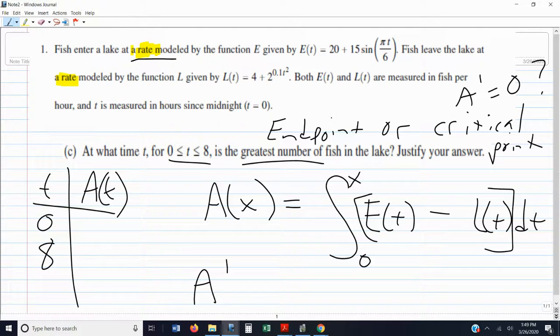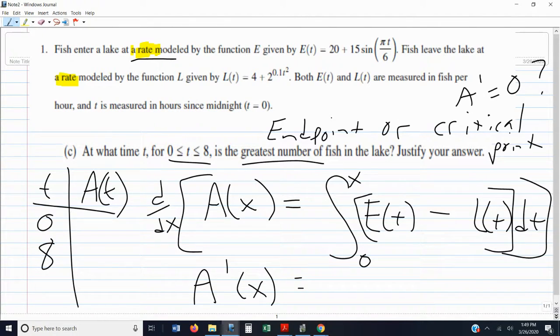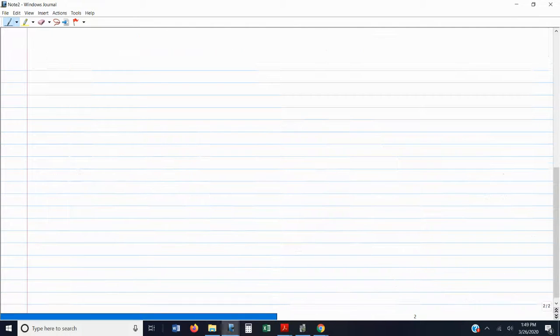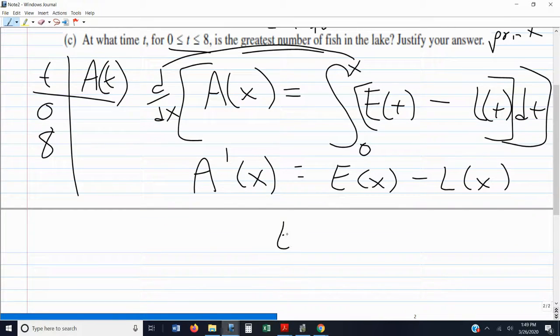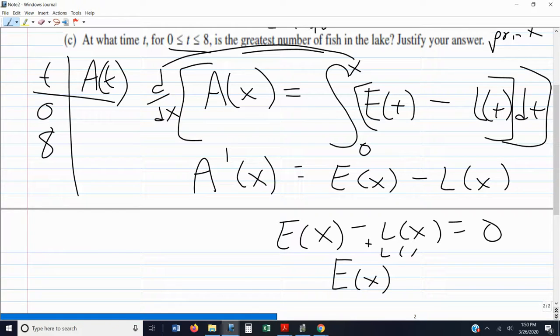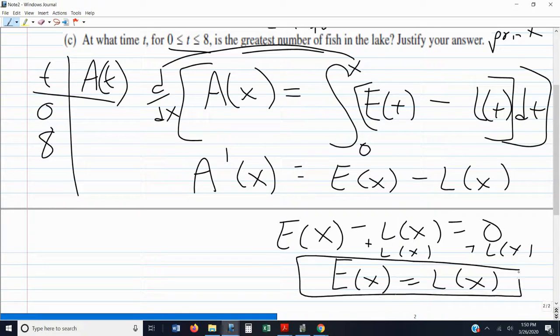If we take the derivative, the derivative of A is A prime, and the derivative and this integral sign, the antiderivative, cancel out, and we would have E of x minus L of x. That's our derivative, and for the critical point, we want to know where the derivative is equal to 0, and that's the same thing, if I move that L of x over, as finding where they are equal to each other.